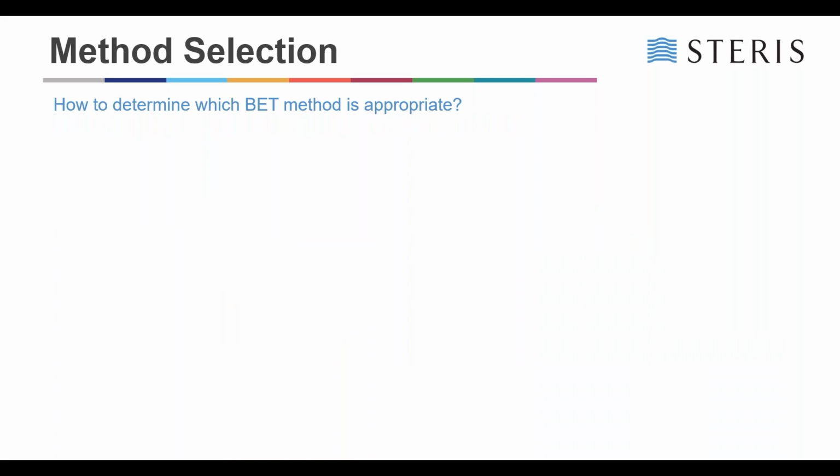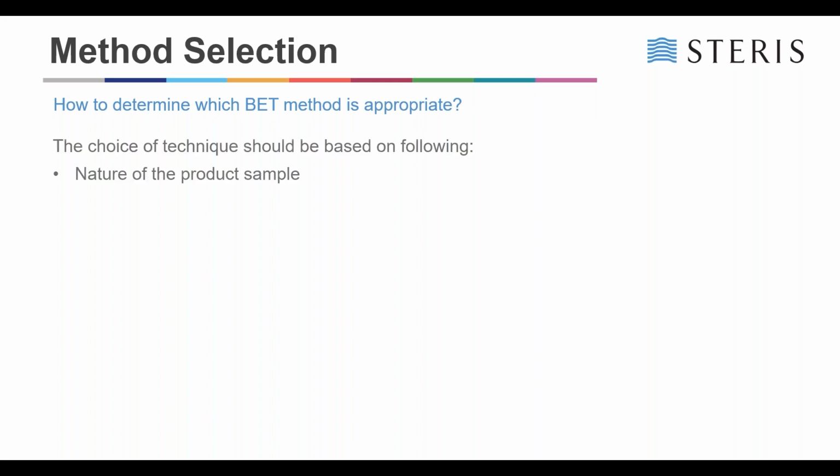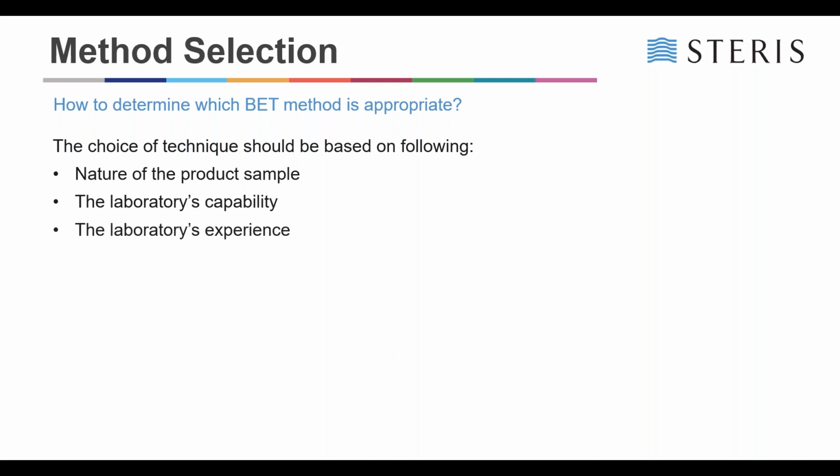An important part of any BET program, though, is also the method selection. And when determining the appropriate method, the following factors are important to consider. First being the nature of the product sample, the laboratory's capability, the laboratory's experience, any sample throughput requirements, and data handling requirements.